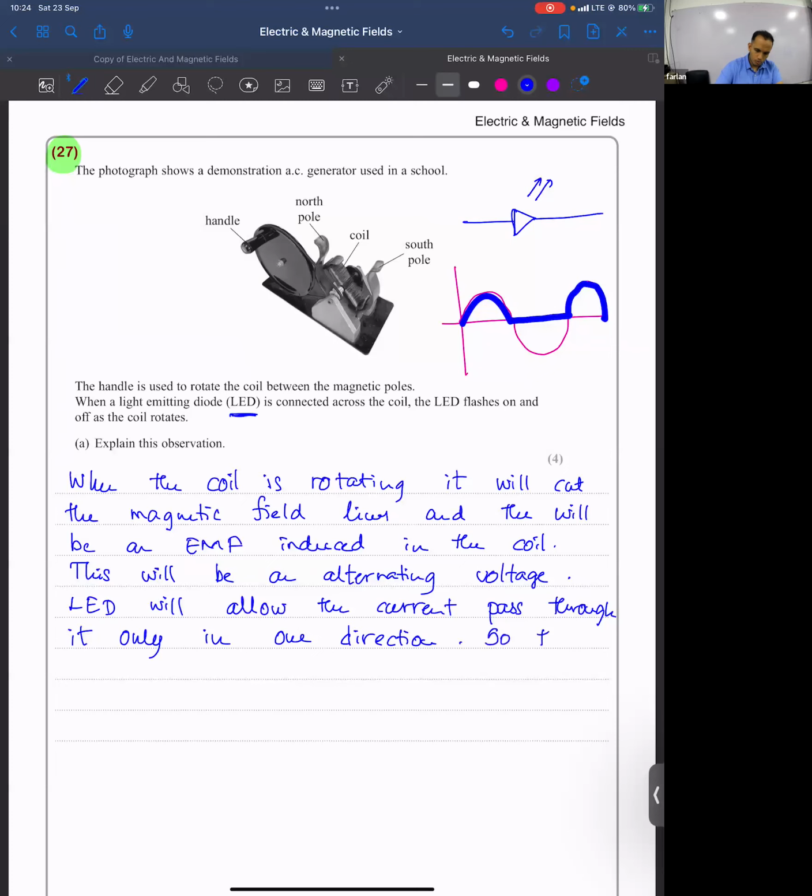So the current through the LED will be on and off alternately. I think that should be enough for 4 marks. Or maybe for the last statement you can say, so the LED flashes on and off.